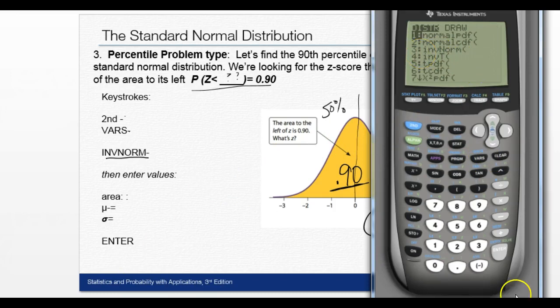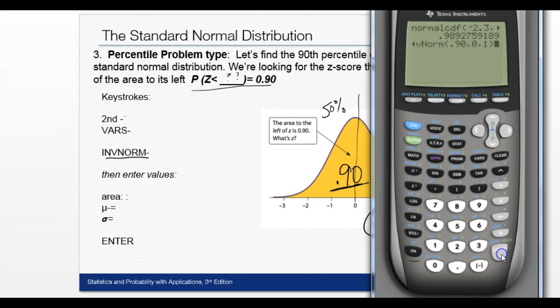When you hit it, it has a different menu. It'll ask you for what's the area we're looking for. In this problem, it's 0.90. Mu, since we're using z right now, is 0 and the standard deviation is 1. Those two things will not change today.